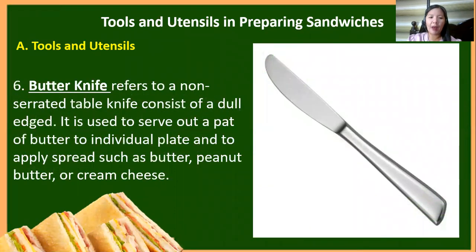We also have a butter knife. It refers to a non-serrated table knife with a dull edge. It is used to serve out a pat of butter to individual plates and to apply spread such as butter, peanut, and cream cheese.